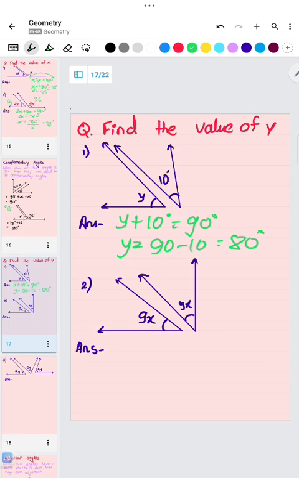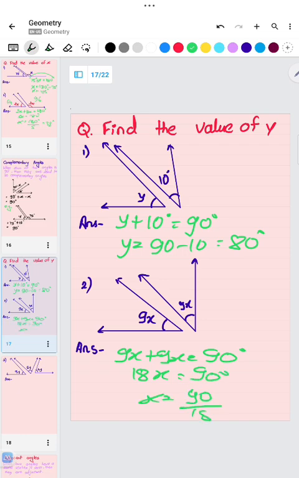And in second question, there is 9x plus 9x is equals to 90 degree. Okay, sum of two angles of complementary angles are 90 degree. 9x plus 9x is equals to 18x. 18x is equals to 90 degree. X is equals to 90 by 18.